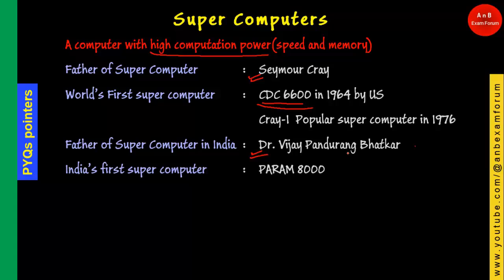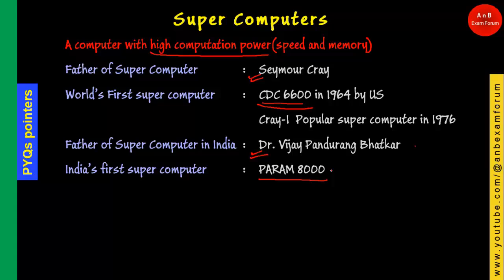He is a key person in developing the first supercomputer, the Param series, Param 8000. We have seen this question in a lot of exams. So remember, India's first supercomputer is Param 8000.